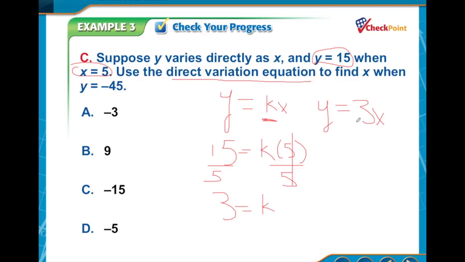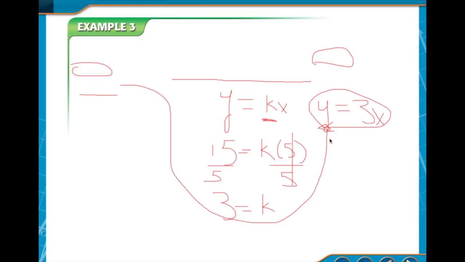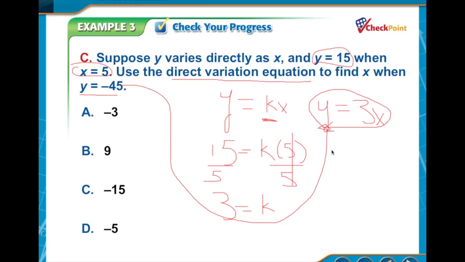Now they say use this equation that we just found to find out what x would be if y is a negative 45. So now we'll take this value for y, plug it in over here, and see what we get for x. So let's plug that in here.